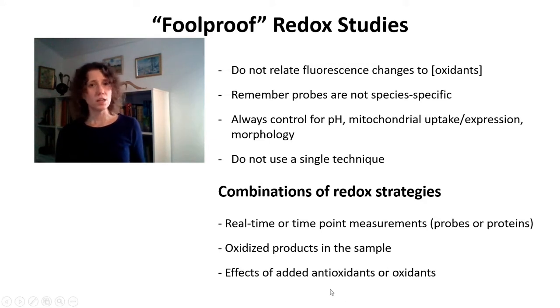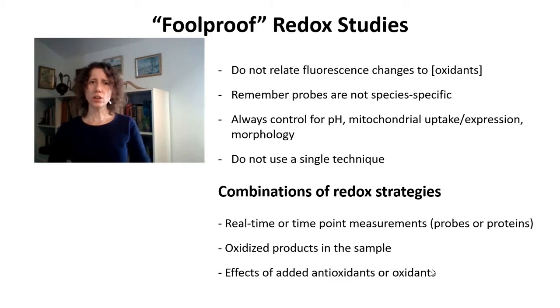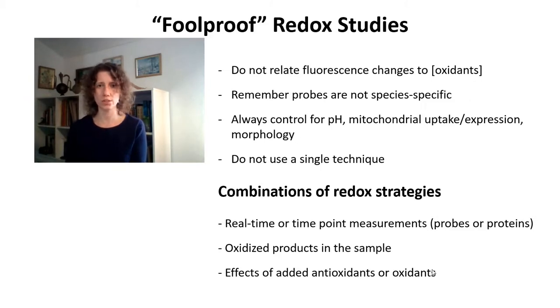And finally, try to see if your biological effect that you're relating to these oxidants can be modified either by antioxidants, removing these oxidants, or by adding in oxidants. So you can test whether you get your biological effect by adding externally the same oxidant. And these are really 3 different strategies to look at the effects of oxidants in your system. And if you have all 3 of them together, I think you'll have a really convincing story about how oxidants work within your biological system.